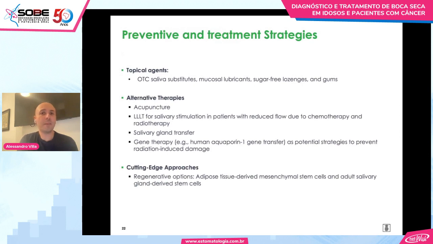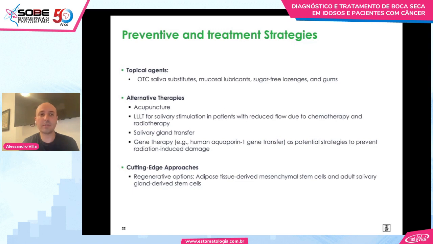In terms of topical agents, there's a large variety of products in the market, from sugar-free lozenges and sugar-free gums to mucosal lubricants, and there's really a large variety of options available, depending also on which country you're practicing in. In terms of alternative therapies, low-level laser therapy in patients with low salivary flow due to chemo and radiation may have an effect.